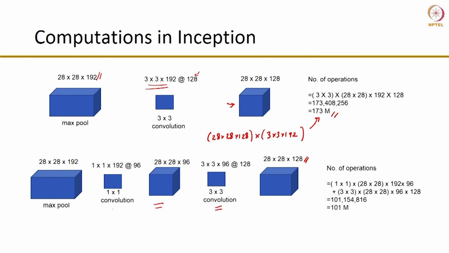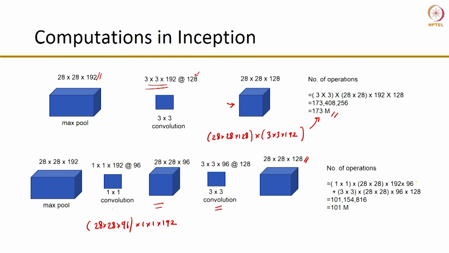You can repeat the calculation here for this one too. So, the output feature map here for the 1 cross 1 convolution is 28 times 28 times 96. This is the total number of activations produced. For each activation we have to perform 1 cross 1 cross 192 multiplications, okay.